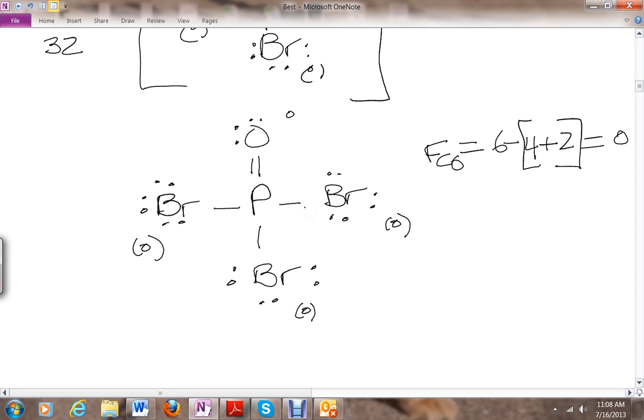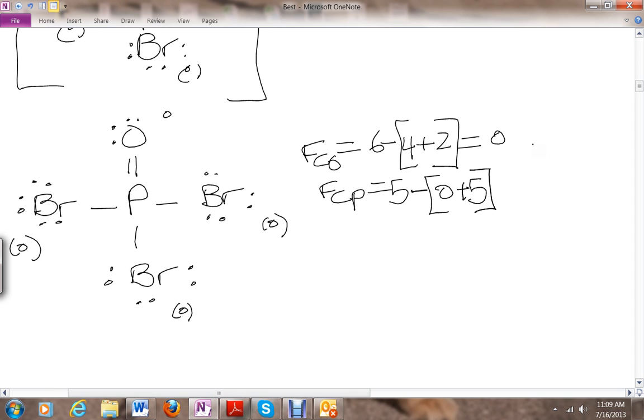Let's double check, you need to do it. So the formal charge of phosphorus would be 5 minus 0 unshared electrons, plus you have 5 bonds, and this is going to give you 0.